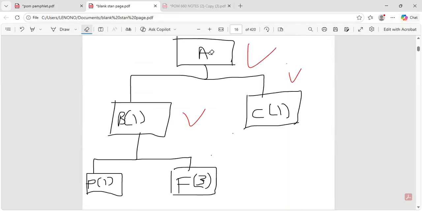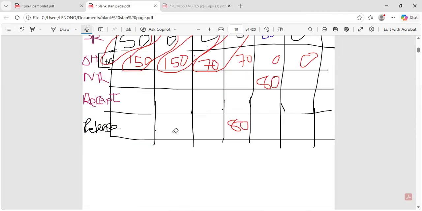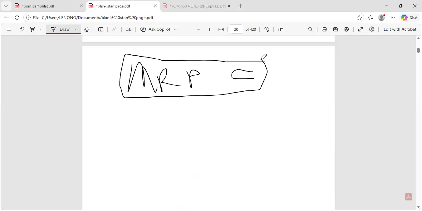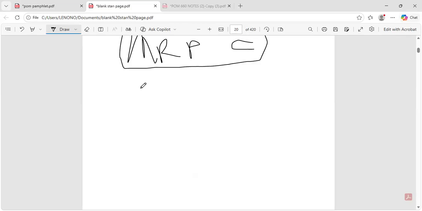So MRP for C is coming from A. So you're going to have 1, 2, 3, 4, 5, 6.